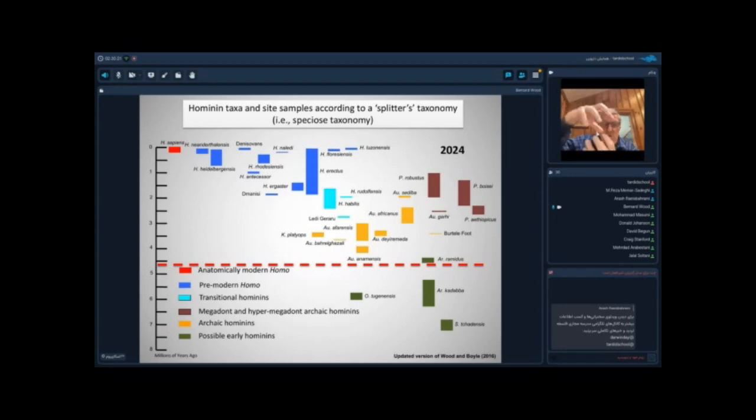And so those columns are going to expand in height the more work people do to explore and look for new fossils. So basically, from just over 4.5 million years ago to very recently, there has always been more than one hominin somewhere in the world. And if there's more than one hominin somewhere in the world, only one of those can be our ancestor. I mean, that's just the way it works.